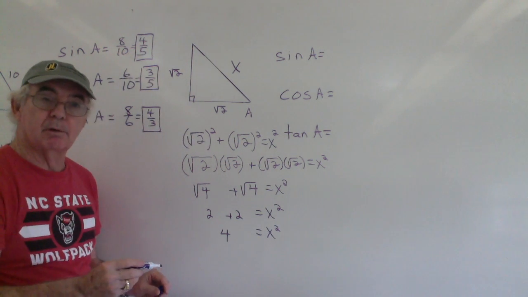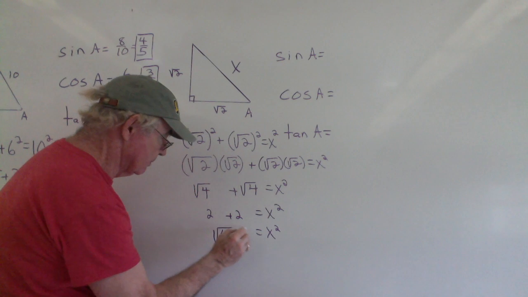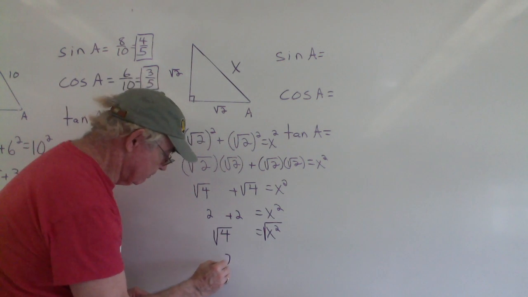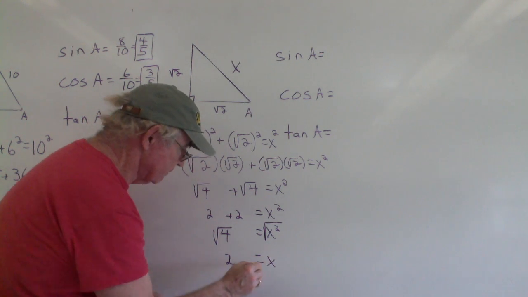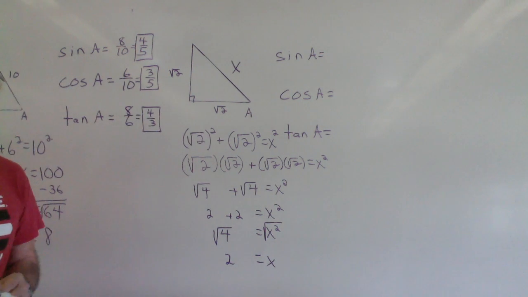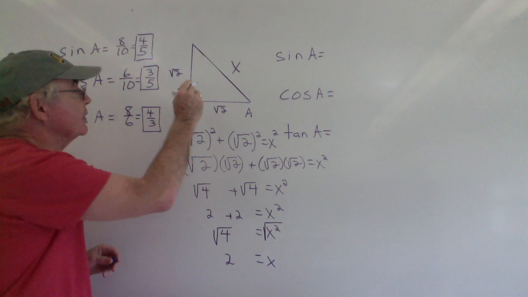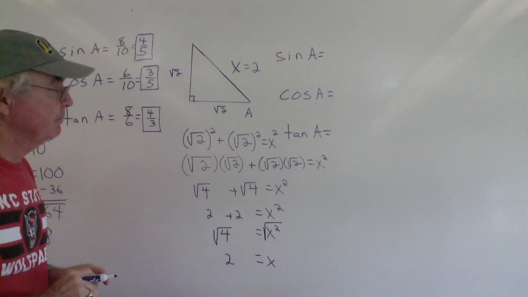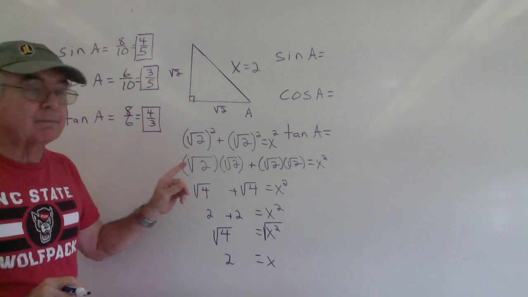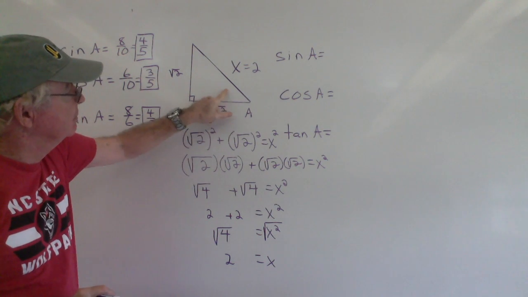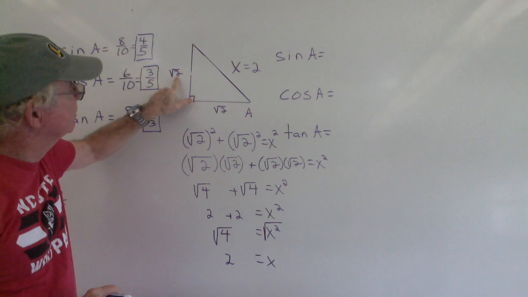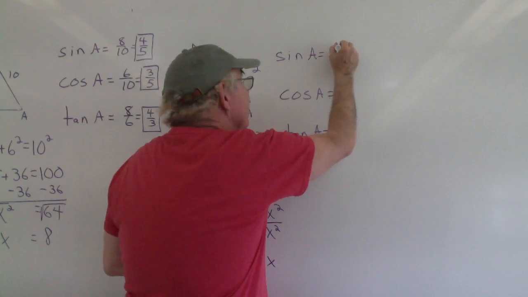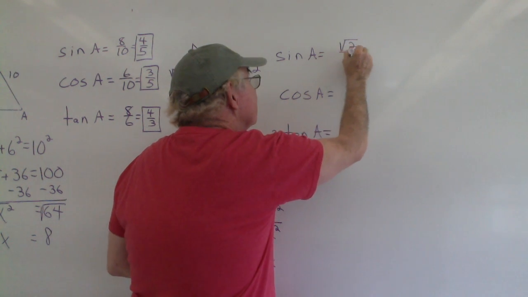And you take the square root of both sides. And the square root of 4 is 2. So we find x to be 2. We insert that here. So now, the sine is the opposite over the hypotenuse, which is the square root of 2 over 2.